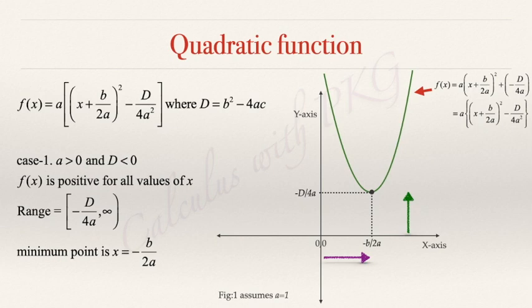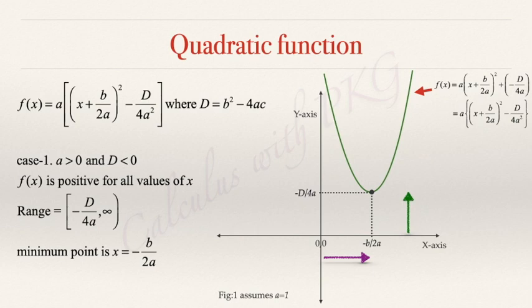So in figure 1 you can see the graph is above the x-axis and there is no x value for which the function becomes 0. That is, the equation f of x equal to 0 has no real root, and also we can say that the discriminant, that is d, which is b square minus 4ac, is less than 0, which gives you imaginary roots.